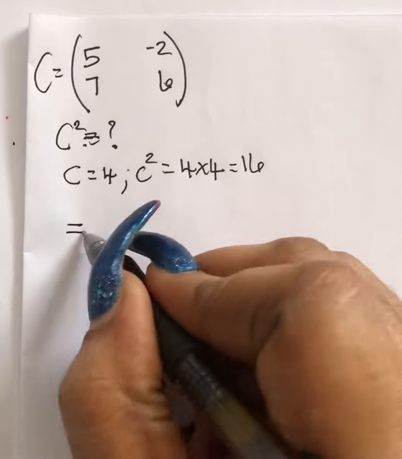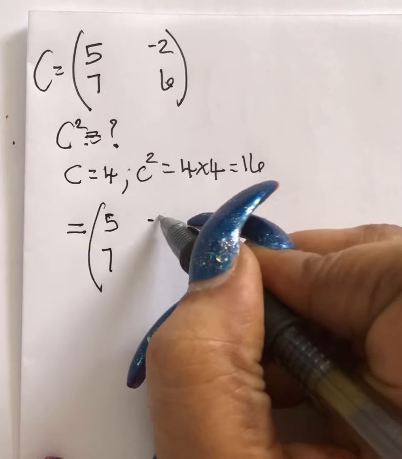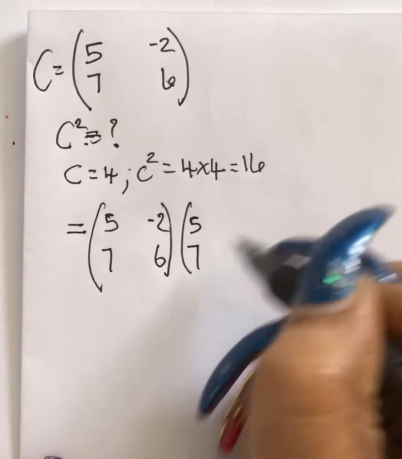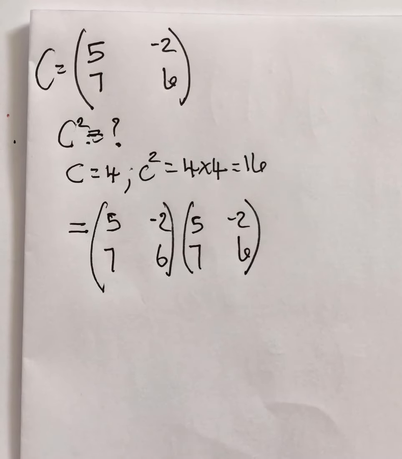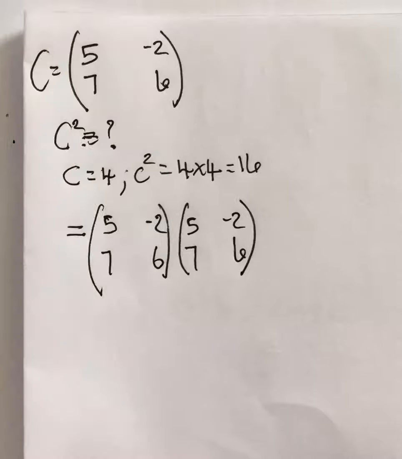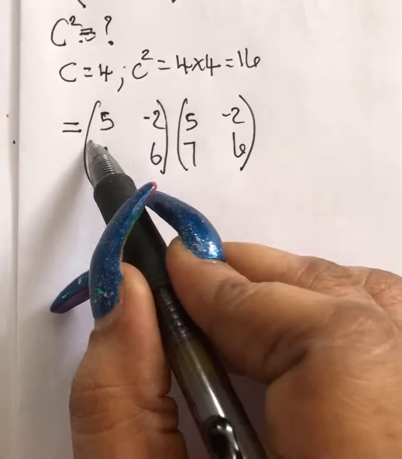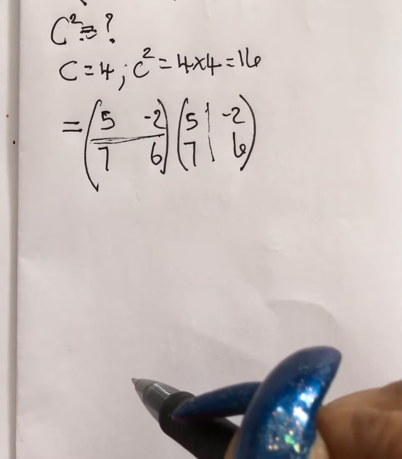Instead, to find c squared, it means that we have to repeat c twice, right? We are repeating the matrix c twice. Good? And then we apply the law which says row in the first matrix, column in the second matrix.